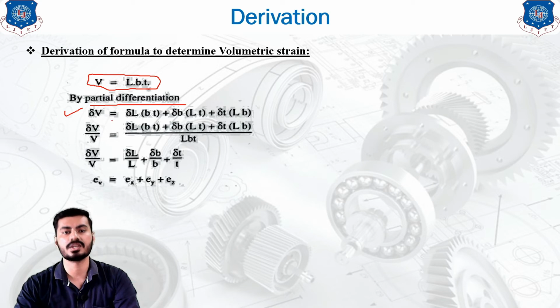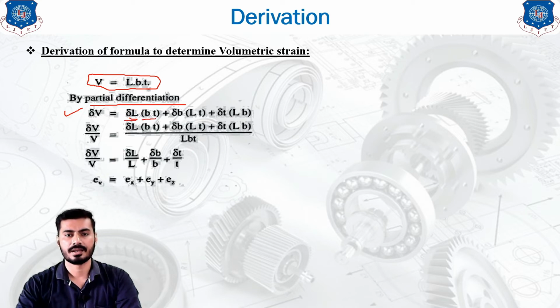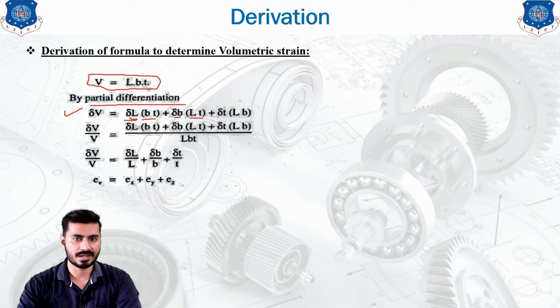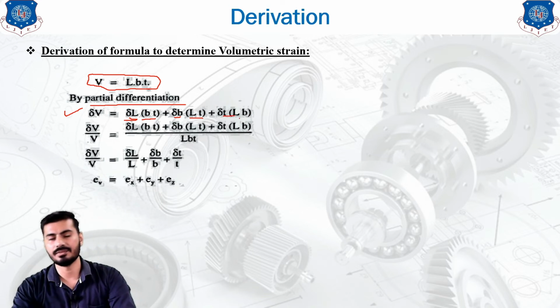By partial differentiation. So delta V is the partial differentiation with respect to L, where B into T is constant, plus partial differentiation with respect to B, where L into T is constant, and partial differentiation with respect to T, where B into L is constant.